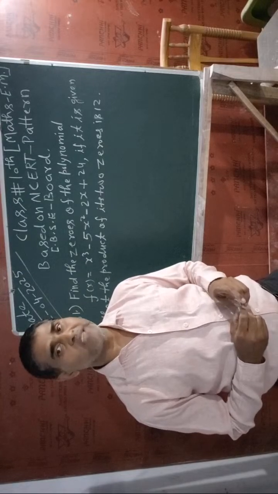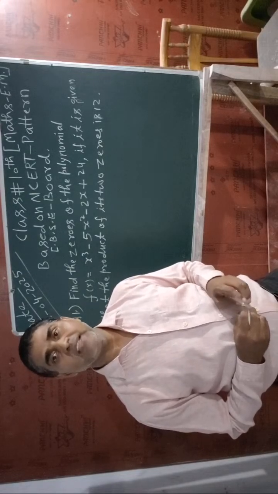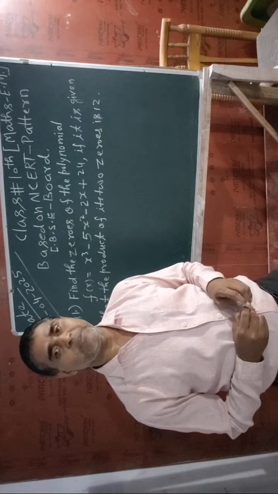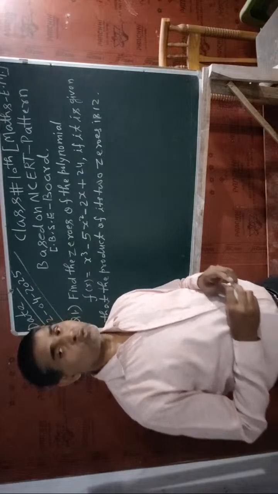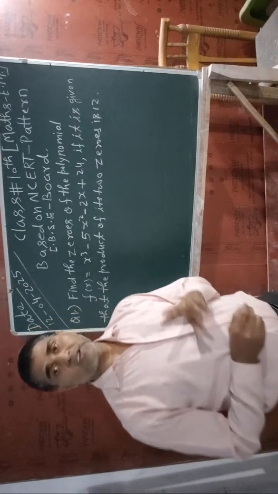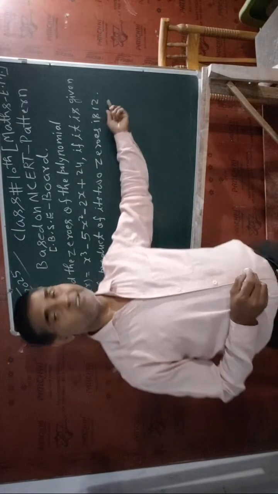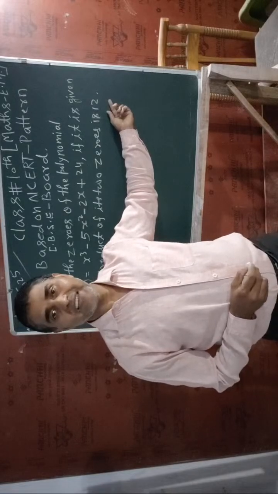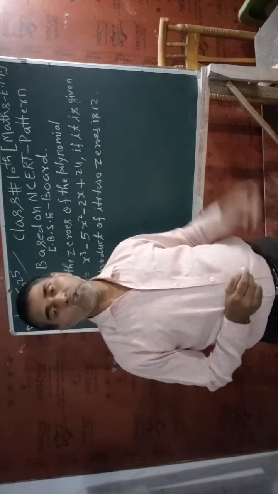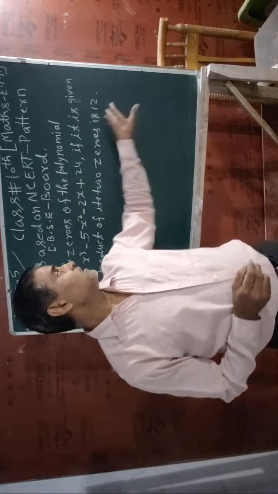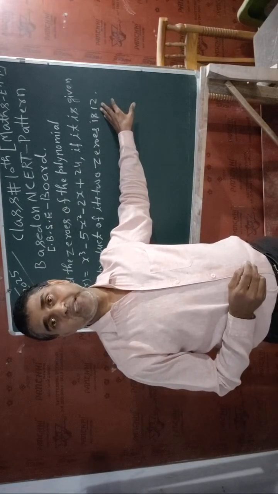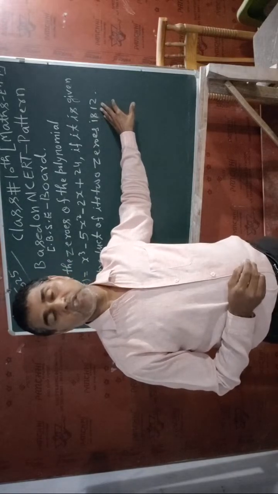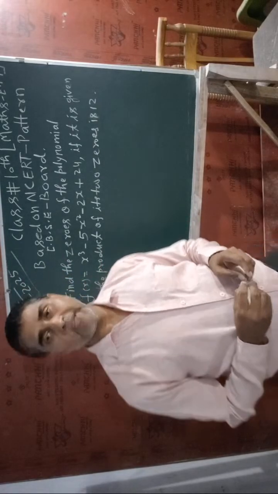I will assume that one root is alpha, the second root is beta, and the third root is gamma. Okay, student? So the product of any two roots is given here, that is 12. With this condition you have to find the zeros, that is, where the polynomial meets the x-axis.